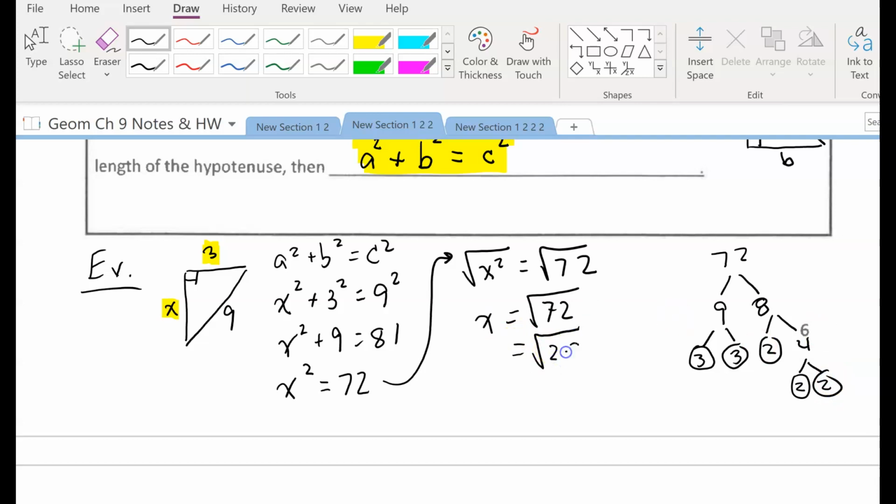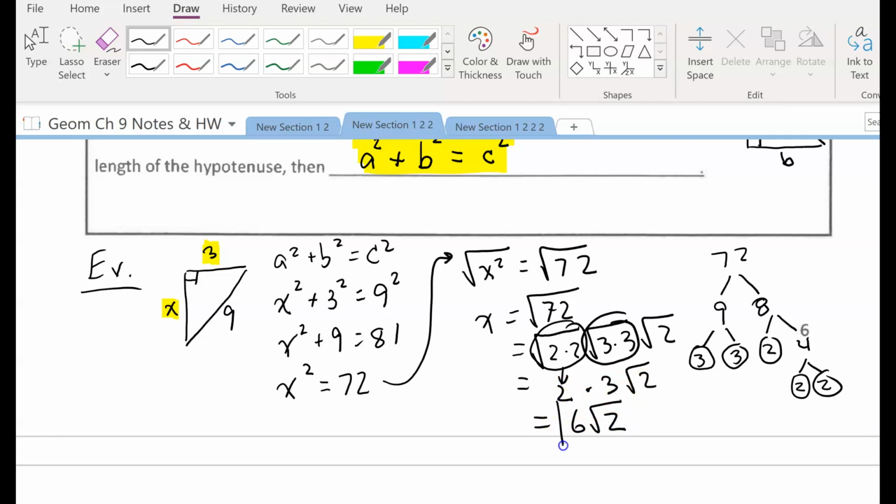So I have 2 times 2, and a 3 and a 3, and then I have 1 left over 2 here. So this becomes a 2, and this becomes a 3, and that stays the same. And our final answer is 2 times 3 is 6, root 2. There's our final answer for the length of the other leg of that triangle.